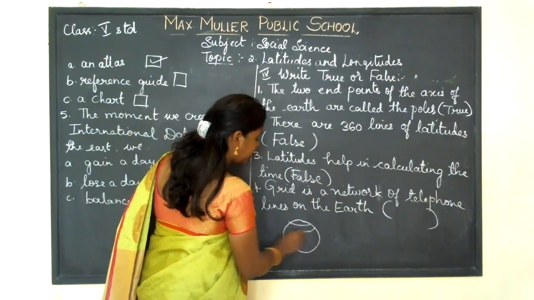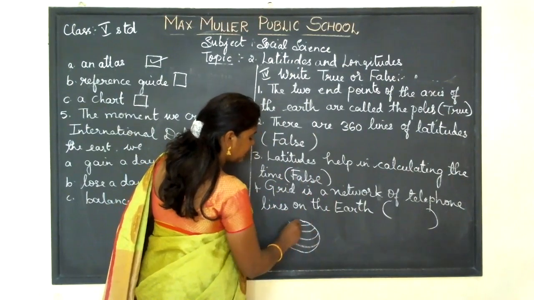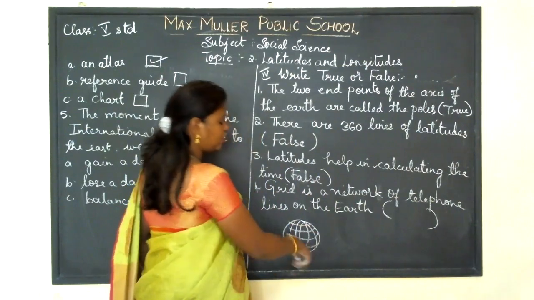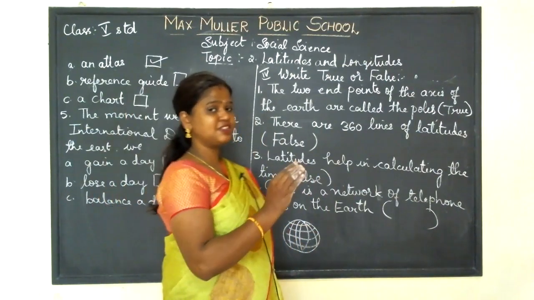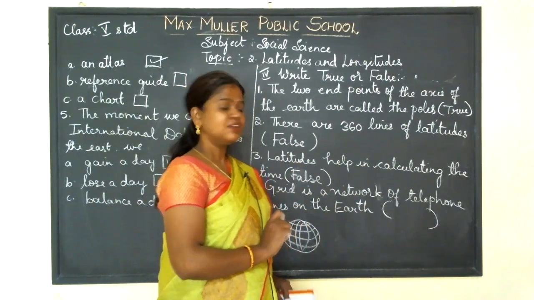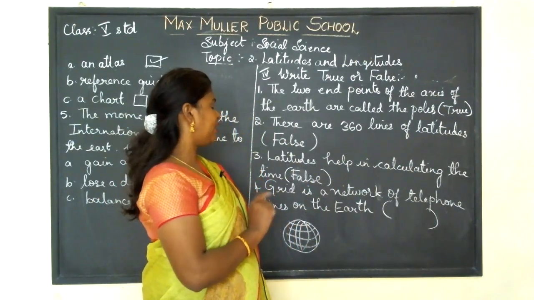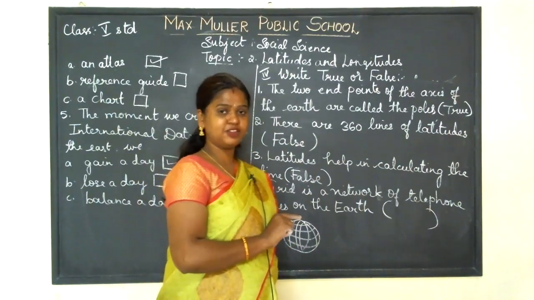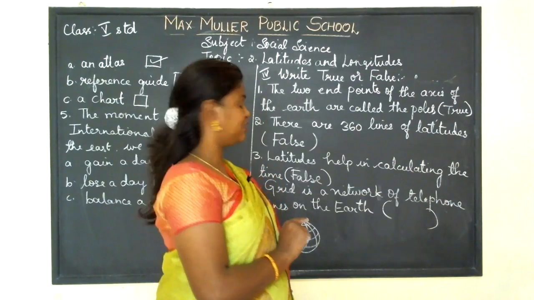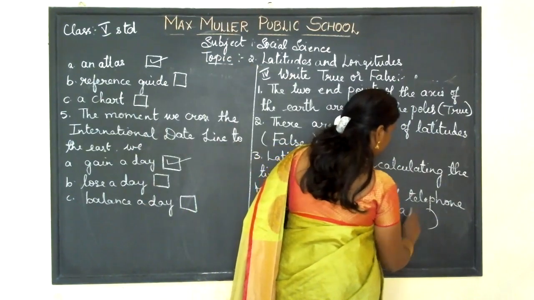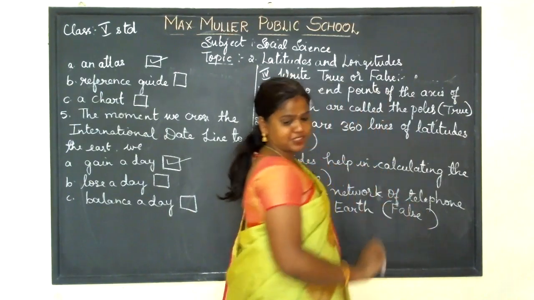So the longitudes and latitudes which are crossing each other on the earth are called the grid. The question given here is a wrong statement, so the answer will be false.